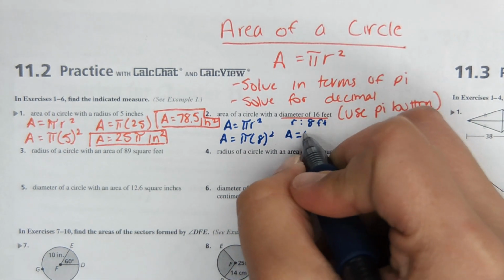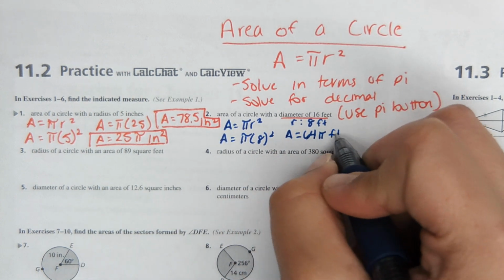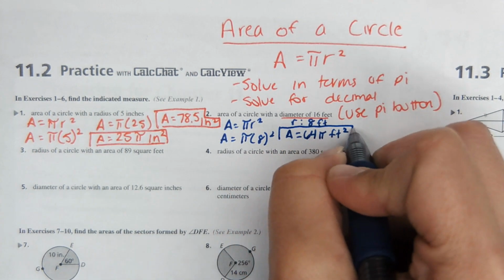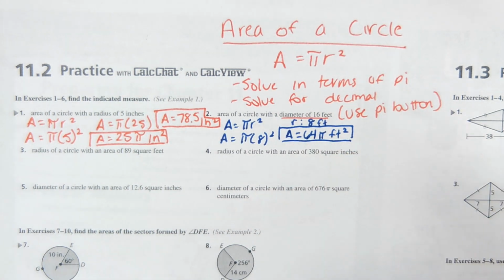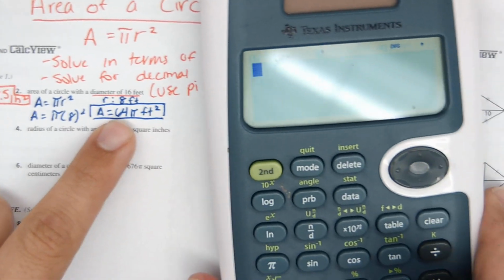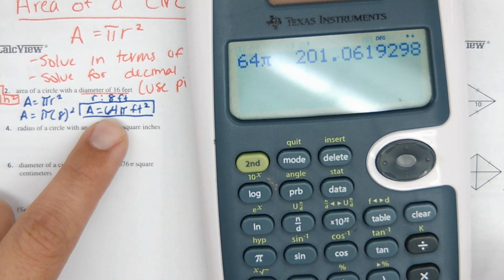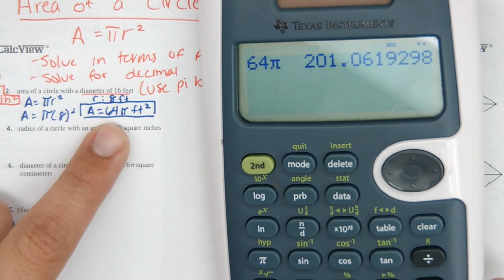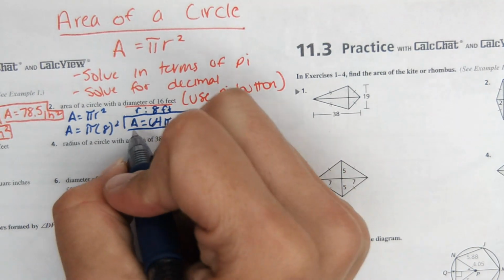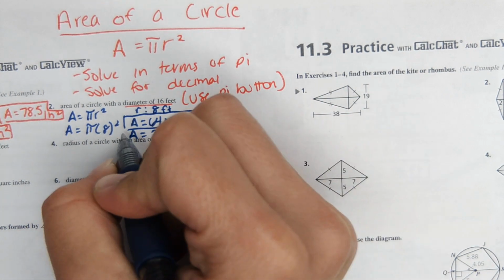So area equals 64 pi, if it's in terms of pi, feet squared. And then as a decimal, 64 pi equals 201, let's just say 0.1. Area equals 201.1 feet squared.